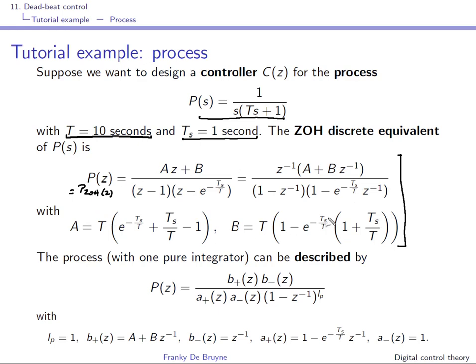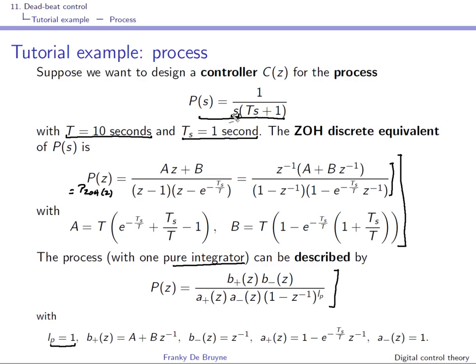This is what we have computed quite a few slides ago. We have to bring this description of the process under this form. This is this factorization of the numerator and denominator under this form. And here we see that the number of integrators is 1, so we have one pure integrator in the system.